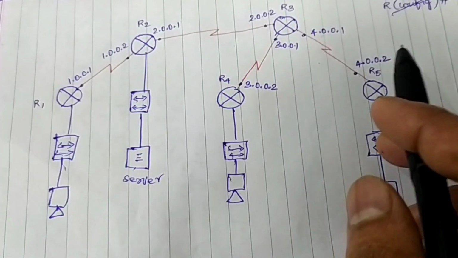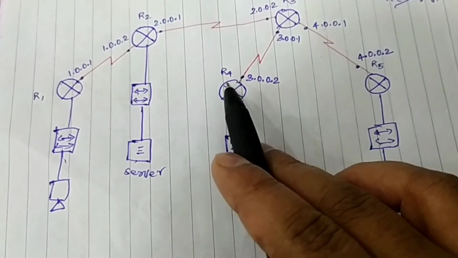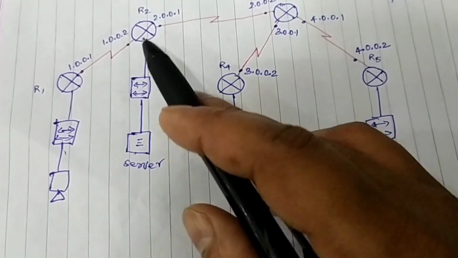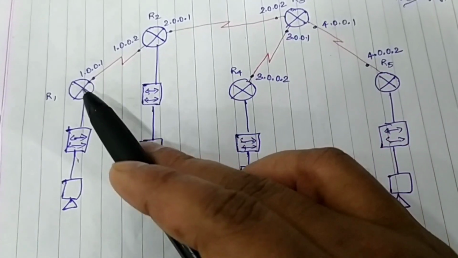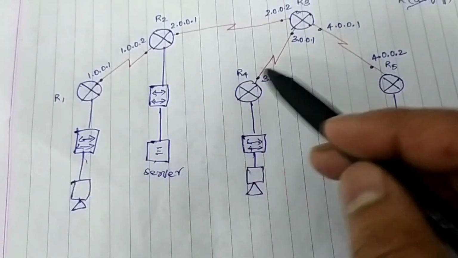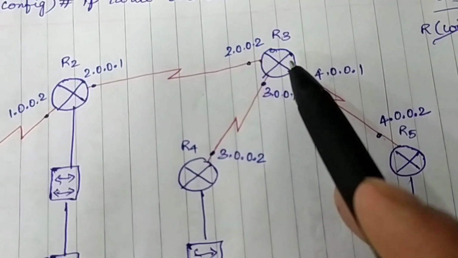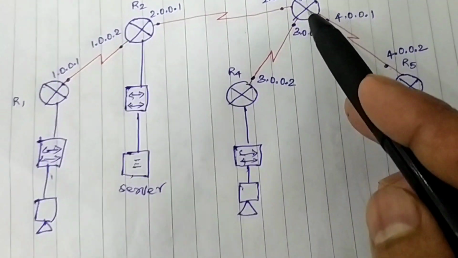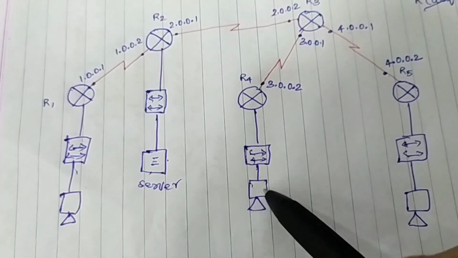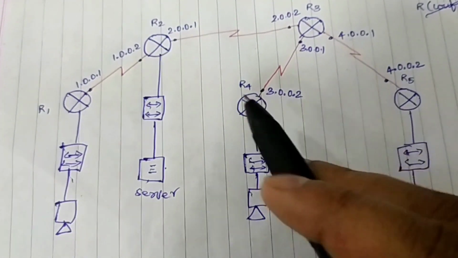So now R5 has its own network, R4 has its own network, R2 has its own network, R1 has its own network. From R3 we are going to do static routing. How many networks are there here? Totally 1, 2, 3, 4. I told you 4 routers, no?